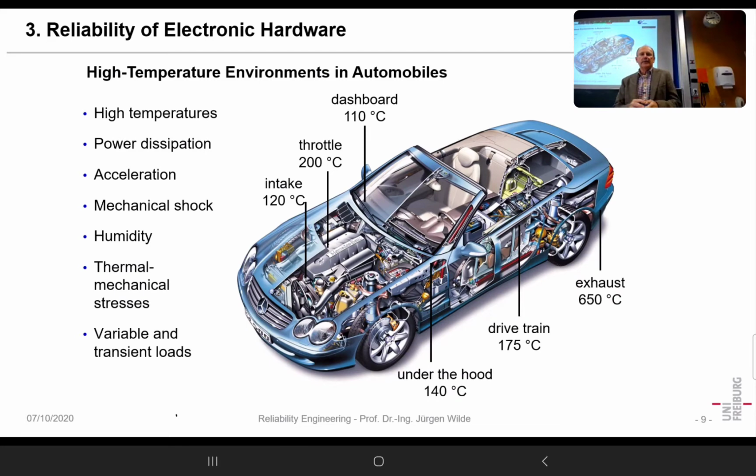And as a result of temperature, we must say it's the temperature alone, it's the temperature swings we have, and it can even be the speed of temperature change. That all leads to thermal mechanical stresses, and all of these changes are variable and transient and not constant.